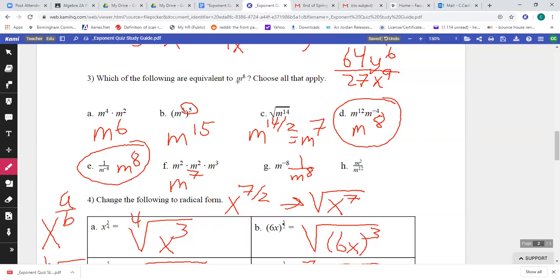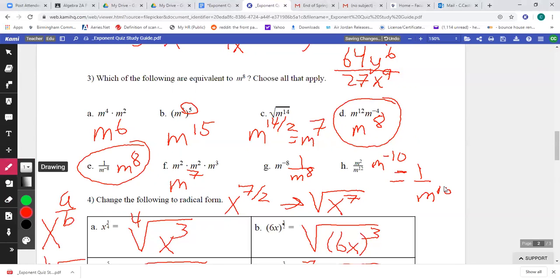And then for letter H, once again, if you are dividing, you subtract the exponent. So 2 minus 12 is m to the negative 10. And if I flip it, so 1 over m to the 10th. And that's not the case. So there were only two answers here.